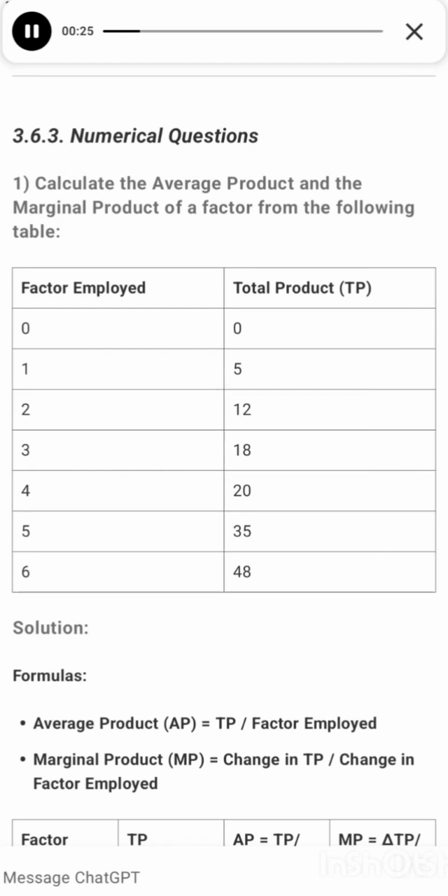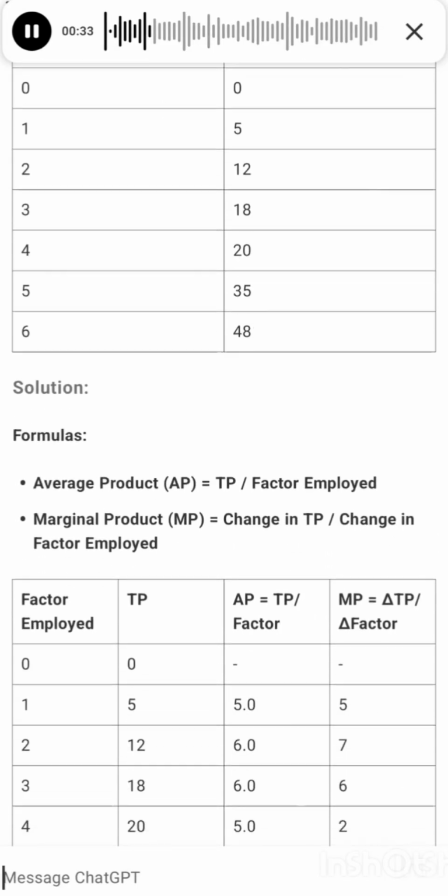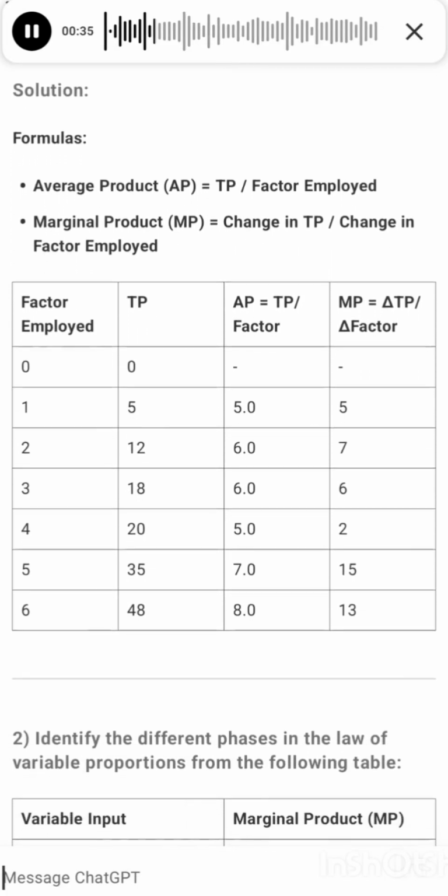Solution: average product AP equals TP divided by factor employed; marginal product MP equals change in TP divided by change in factor employed. Results: 1, 5, AP 5.0, MP 5; 2, 12, 6.0, 7; 3, 18, 6.0, 6; 4, 20, 5.0, 2; 5, 35, 7.0, 15; 6, 48, 8, 13.